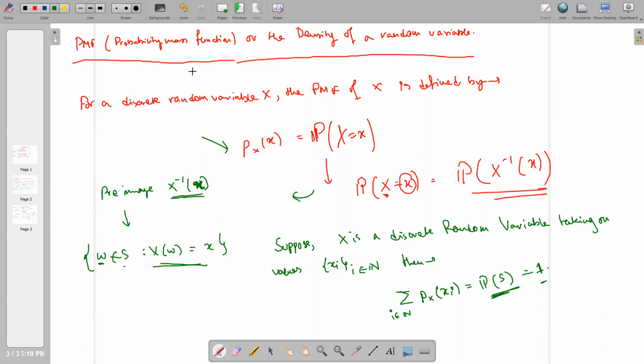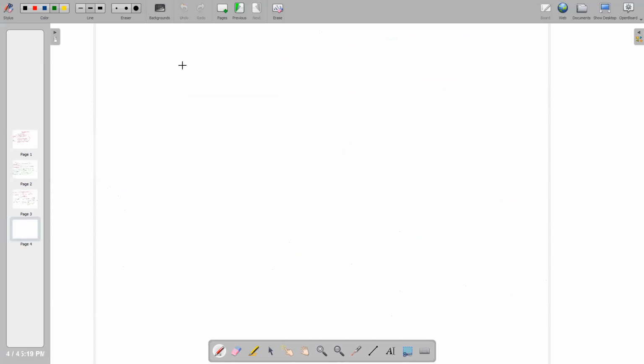So let's check an example. Let X denote the number when we roll a die.